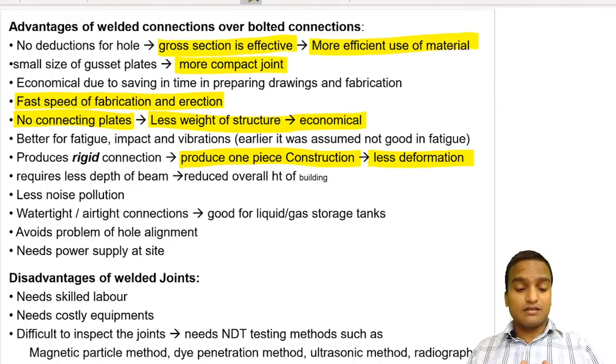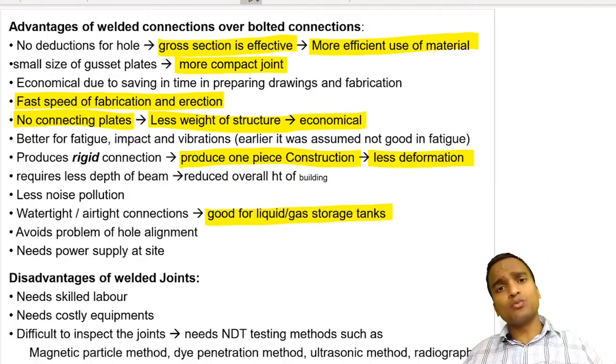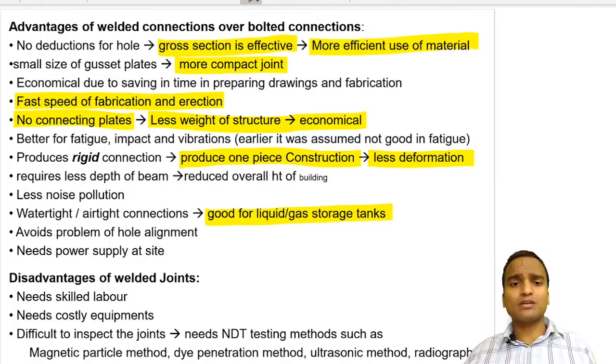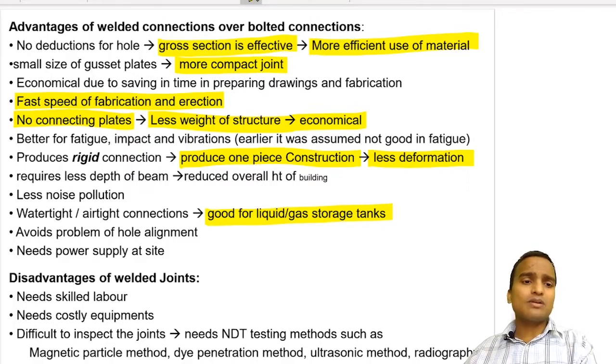The joints are rigid, so they are also watertight and airtight connections, and they are quite good for liquid or gas storage tanks, because the two metals are connected by fusion, and there are very few chances of cracks because the joint becomes totally homogeneous and isotropic. So we cannot even identify where our joint was. Welding is so nice.